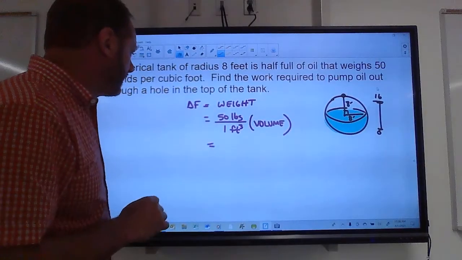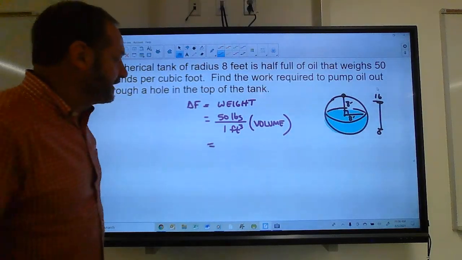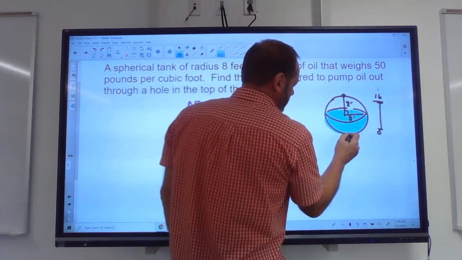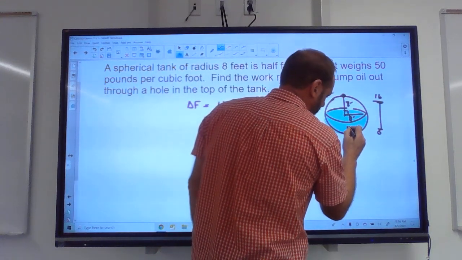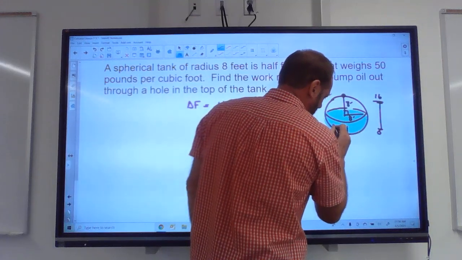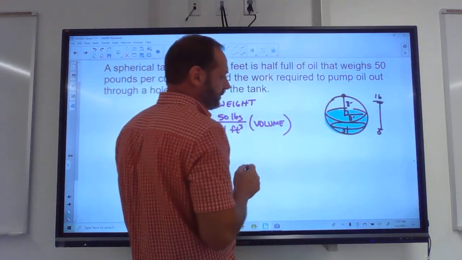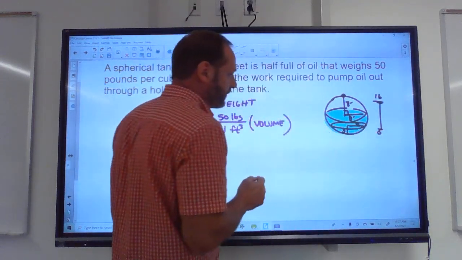Okay, now what we're going to do here before we go on is think of this like this. If we go up a certain distance from the bottom of this thing, we'll say y, then we get a circle, okay, and it's got a radius right here.